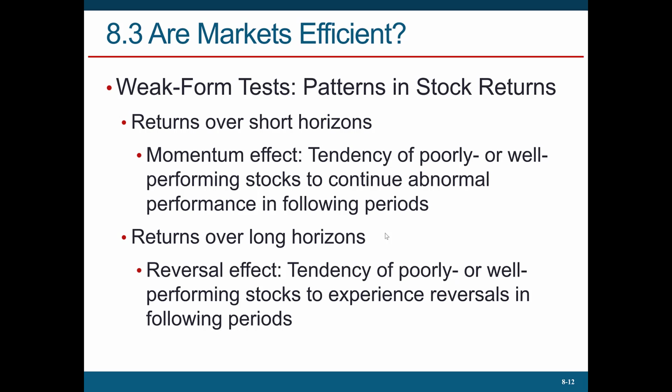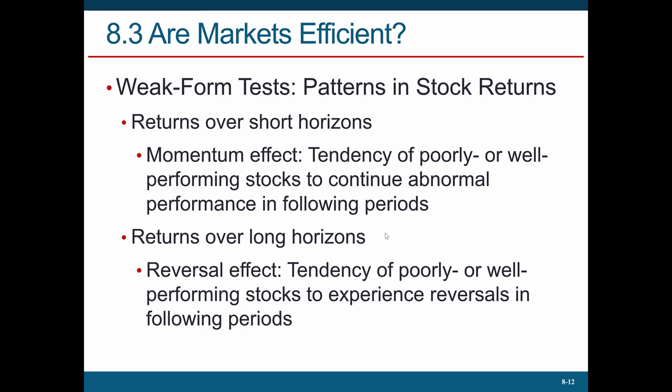Last time we were talking about different return patterns in the historical data that represent the weak form test of market efficiency. Here the idea is, can past or historical information be used to predict future performance, right? And I think we talked about the momentum effect.